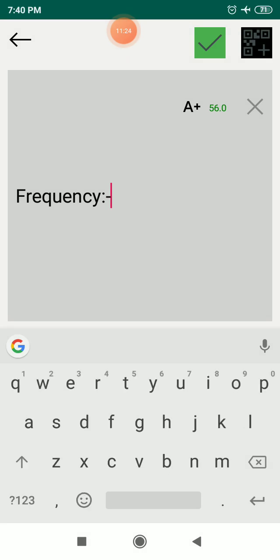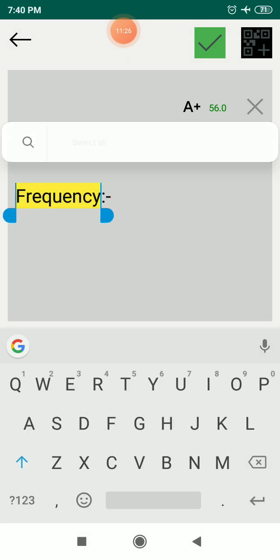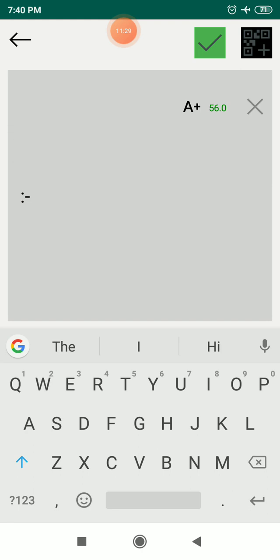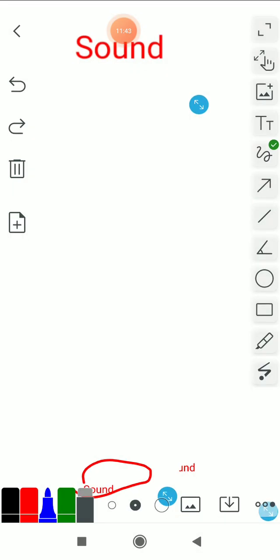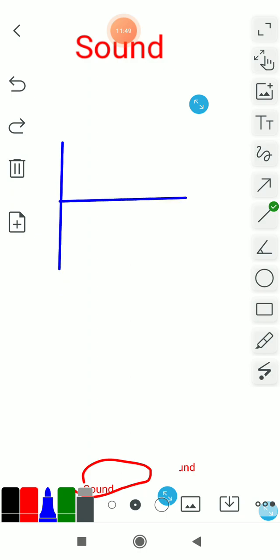So now our point of discussion is frequency of vibration. Now you might be asking, what's that? What is frequency of vibration? So let's discuss by drawing. Here I am drawing two graphs. First graph, case 1. Second graph, case 2.